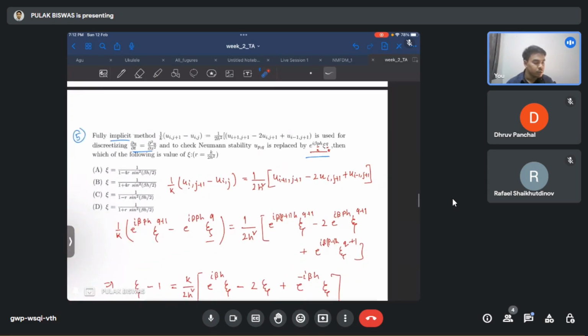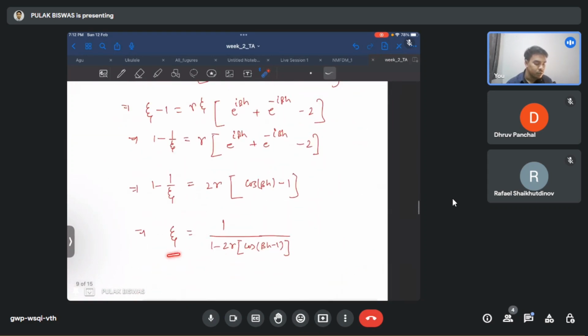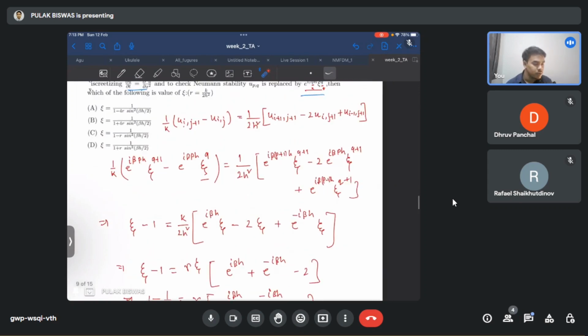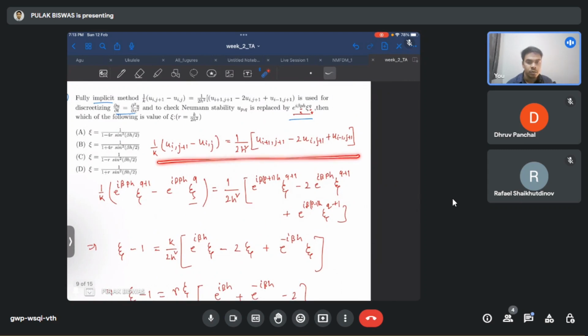If we replace this and simplify in this way, then there will be some values of xi, and that value should be less than or equal to 1. If it comes like that, then whatever scheme you have used is stable.